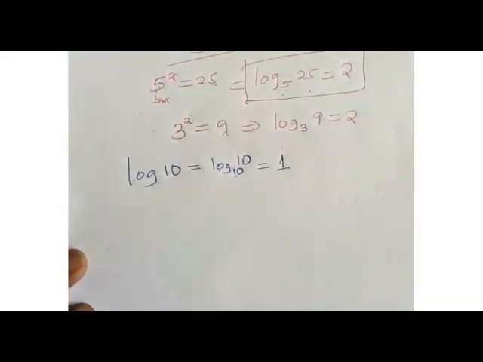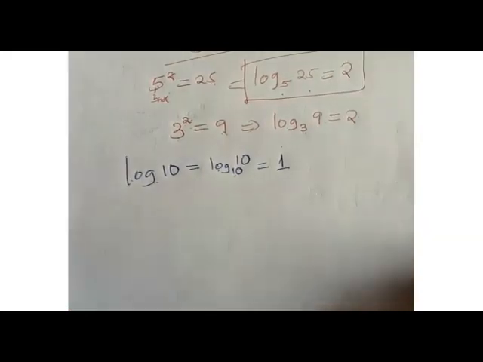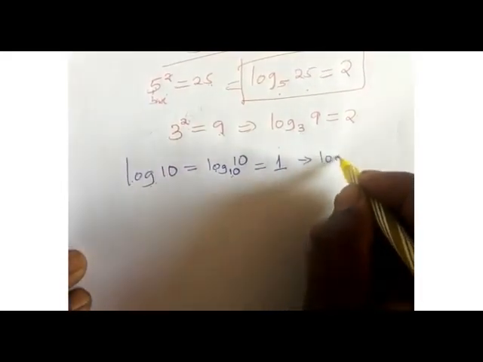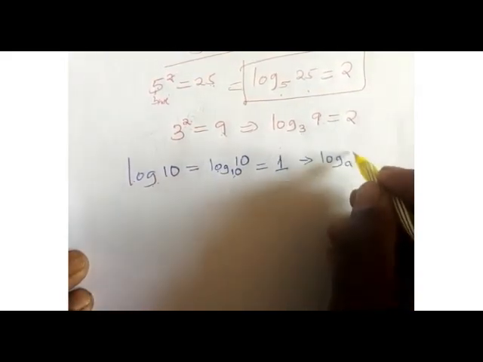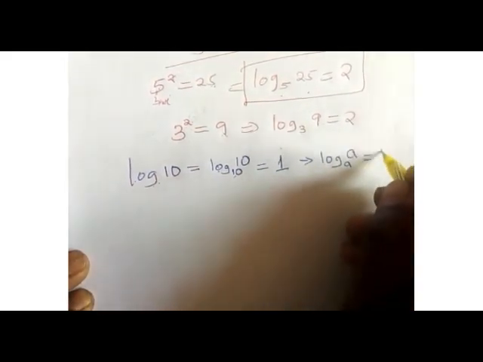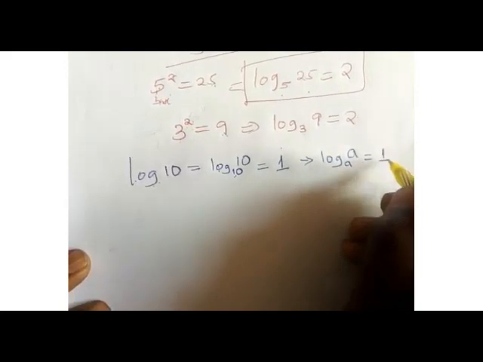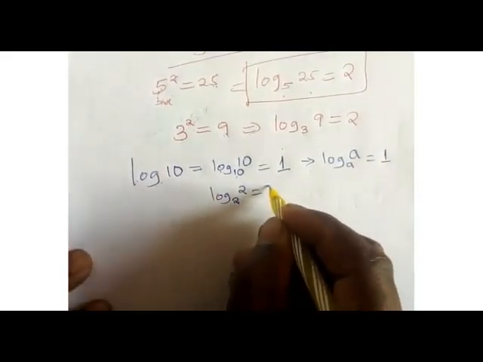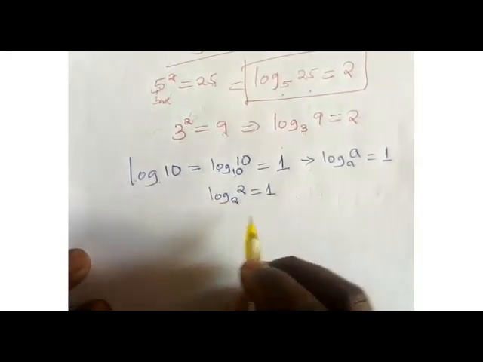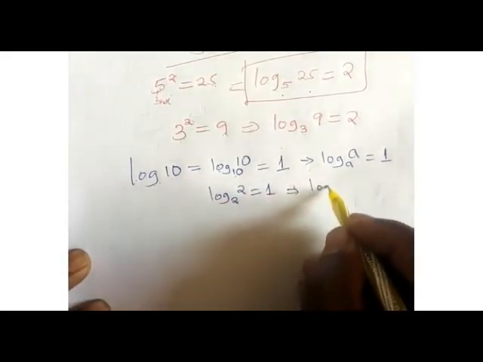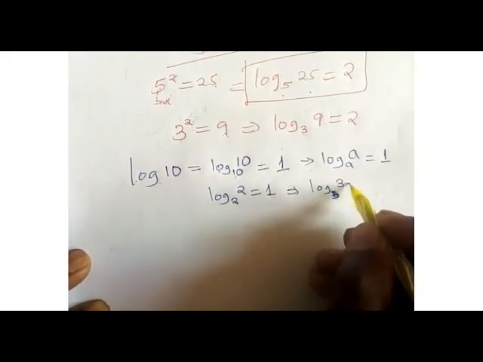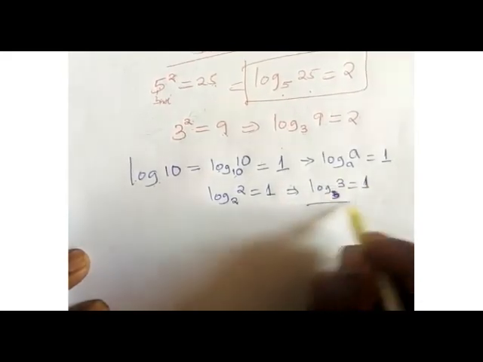When you take your calculator, you will find that it is true. So the log of a to base a, the answer is 1. Very important. It means that log to base 2 of 2, the answer is 1. So whenever you see a logarithm where the base is the same as the number, like log 3 of 3, you should always remember that that one is 1.